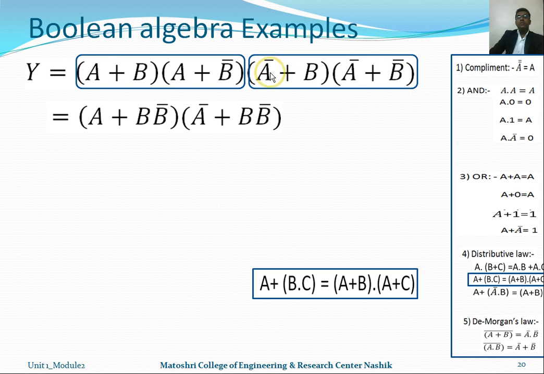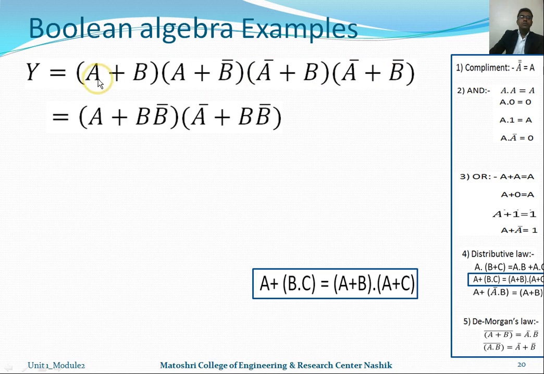In these two terms A bar is common, which is ORing with B and B bar. So from this expression we get this expression, and we have to know that B AND B bar is nothing but 0, so the AND rule is implemented here. So A bar is always a 0, and B bar is again a 0.